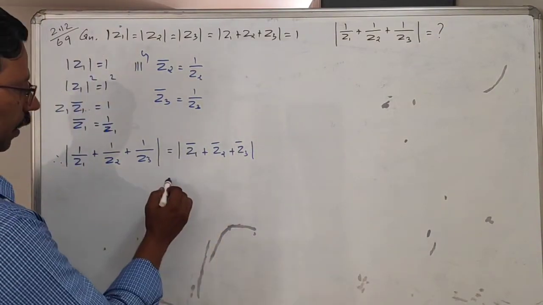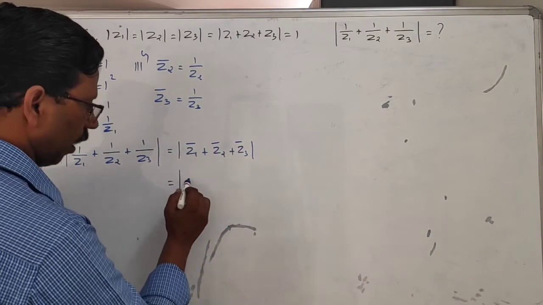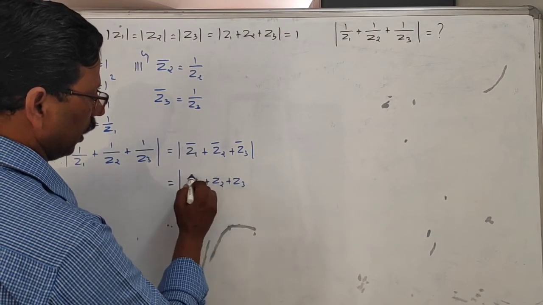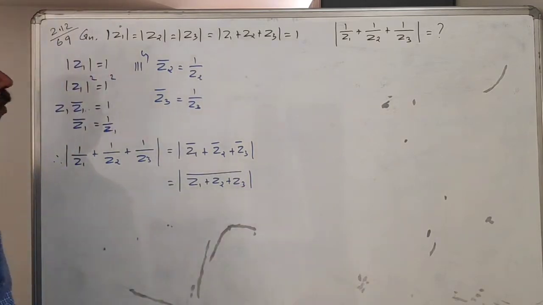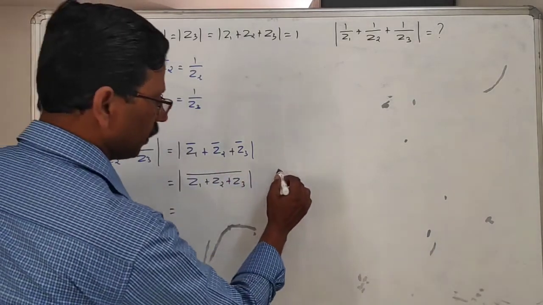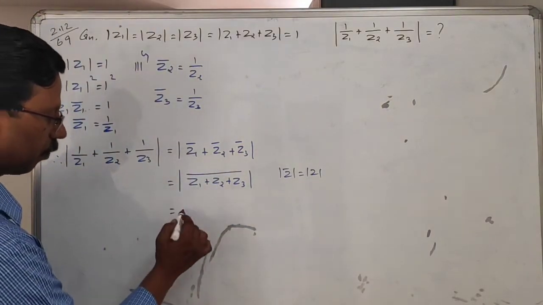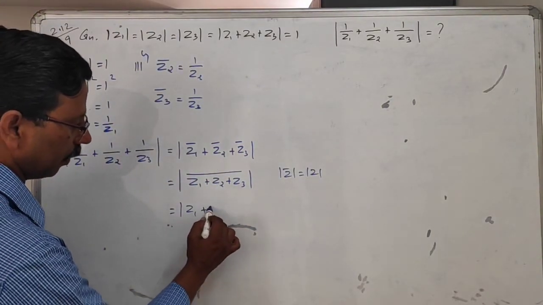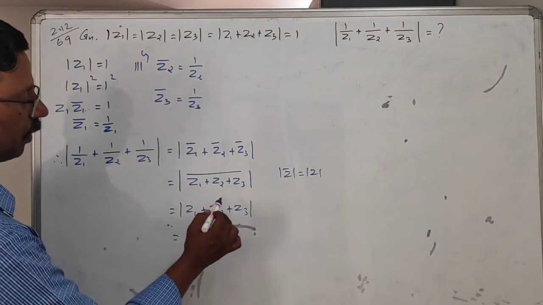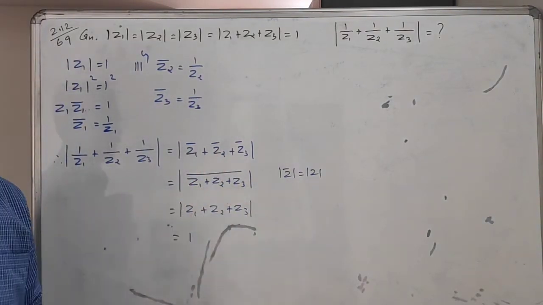Now modulus of Z1 bar plus Z2 bar plus Z3 bar can be written as Z1 plus Z2 plus Z3 whole bar. Since modulus of Z bar is equal to modulus Z, this bar can be removed. We can write modulus of Z1 plus Z2 plus Z3, which is equal to 1. Therefore, its result is equal to 1.